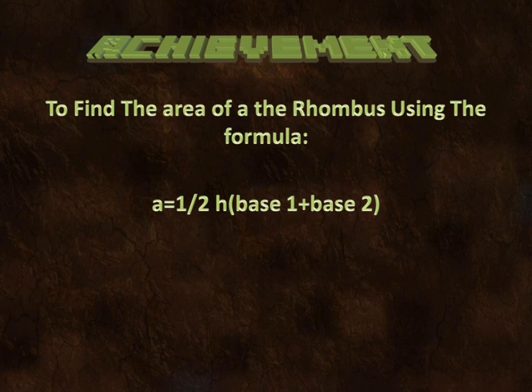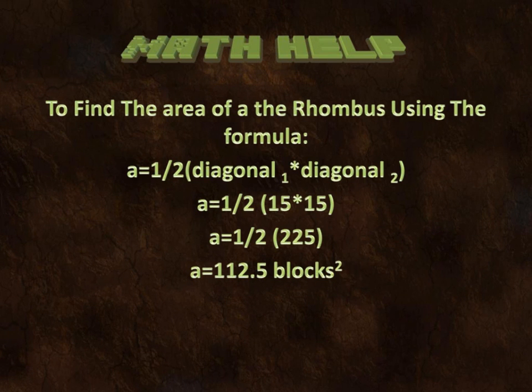To find the area of a rhombus, you would use the same formula as a kite, which is 1/2 times diagonal 1 times diagonal 2. And that's how you find the area of a rhombus. To find the area of a rhombus, you need to use the formula A equals 1/2 diagonal 1 times diagonal 2.